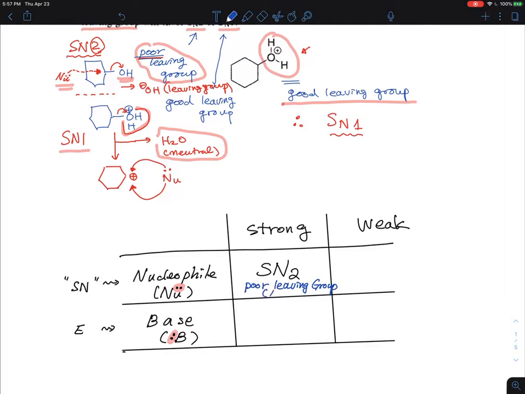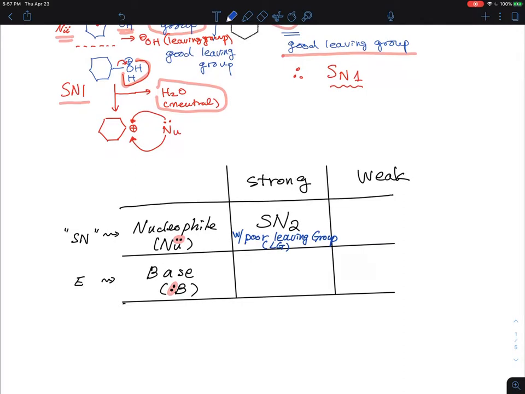I'm going to use LG as a leaving group. If you have a poor leaving group, the SN2 reaction can happen because the nucleophile is strong enough to cause the reaction to look for the positively charged carbon, and make the leaving group, such as chlorine or iodine, leave.